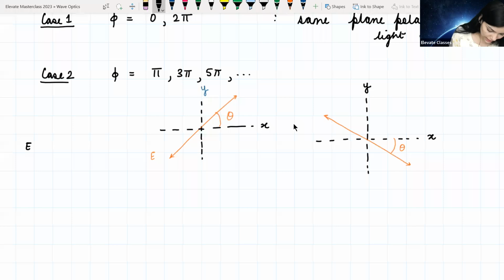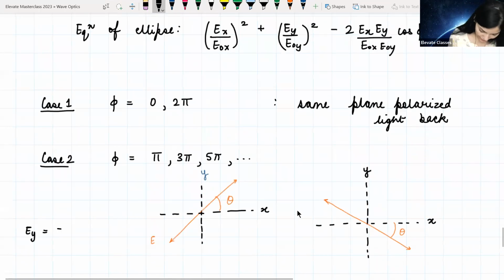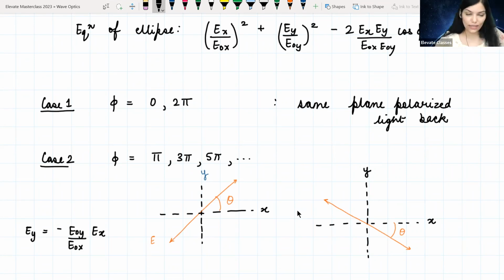You will get that EY is equal to minus EOY by EOX times EX. This is what you will get when you substitute phi equal to pi in the equation of the ellipse. Let me say this is equation A. So substitute in equation A and see, this is what you will get, and this minus sign will make sure that you have flipped the light.